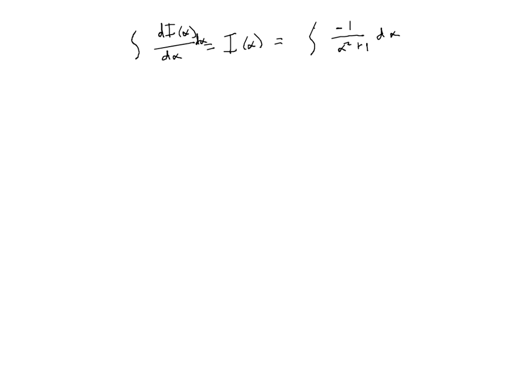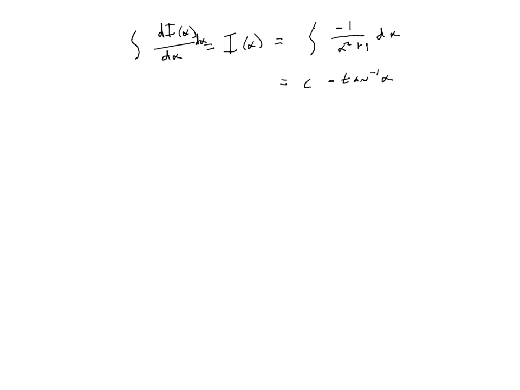And so now I have to solve the integral to solve the integral. And so this is going to be equal to some constant minus the inverse tangent of alpha.